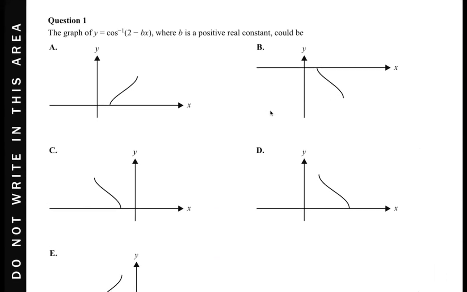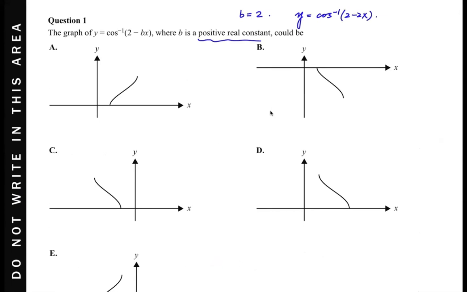Well, let's start with the multi-choice questions. The graph of y equals cosine inverse 2 minus bx, where b is a positive real constant, could be. Okay, I would say let's start with b equals minus 2. Oh, hang on a second, positive real constant. So I'm going to sketch this one on my CAS calculator.